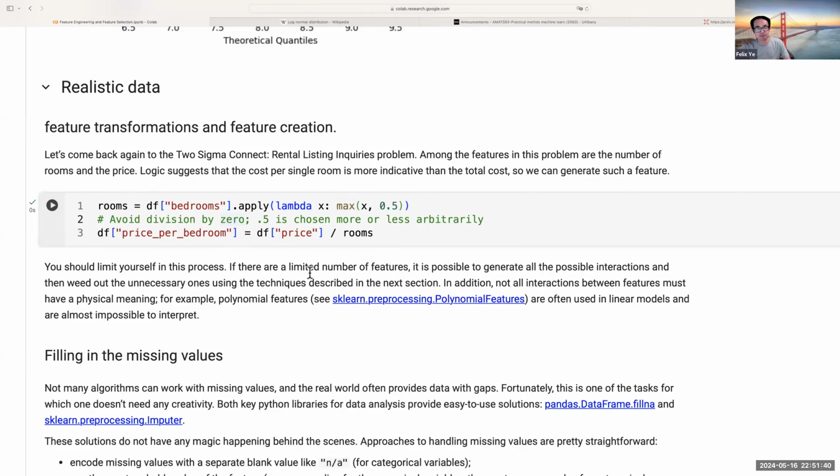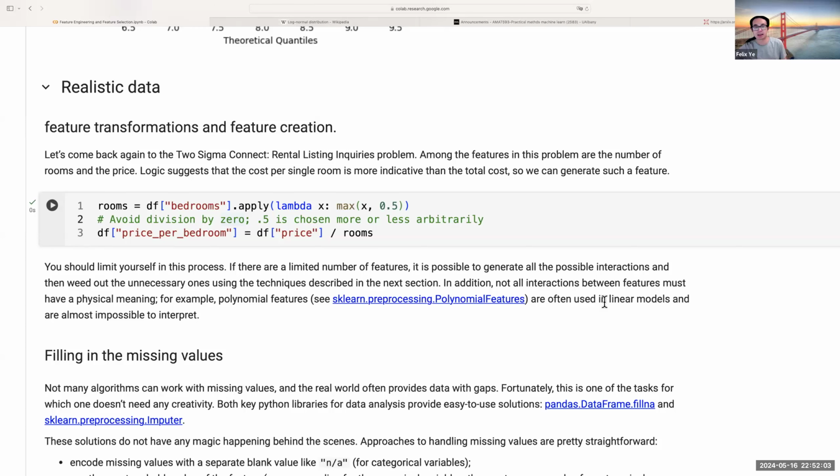If there is a very limited number of features, you can generate all possible interactions, maybe square it, cube it, and then weed out all the unnecessary ones, which we're going to talk about later. But not all interactions of the features will have physical meanings. Think about what is the square of the bedroom.